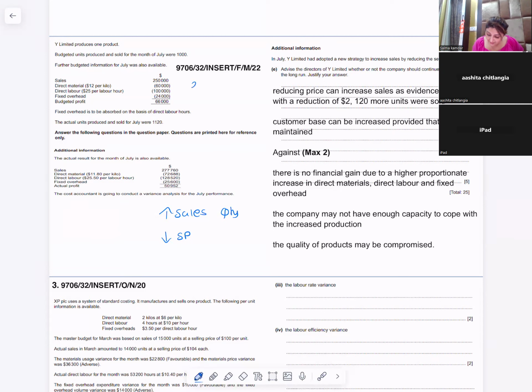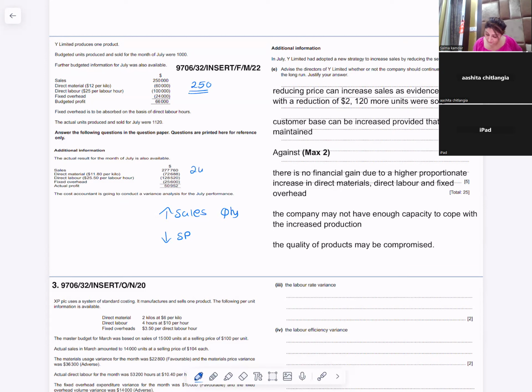Your initial selling price was 250. Your new selling price was 248. You reduced the selling price by $2 and you managed to increase the sales by 120 more units.